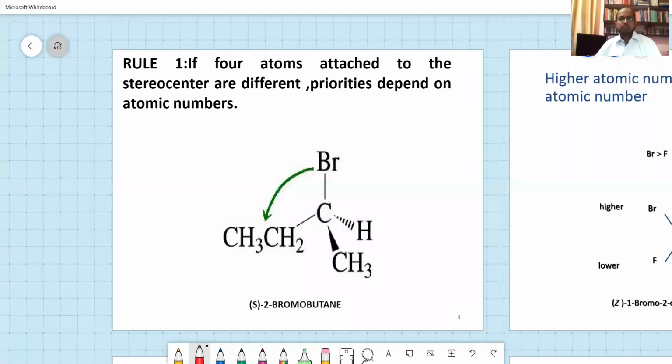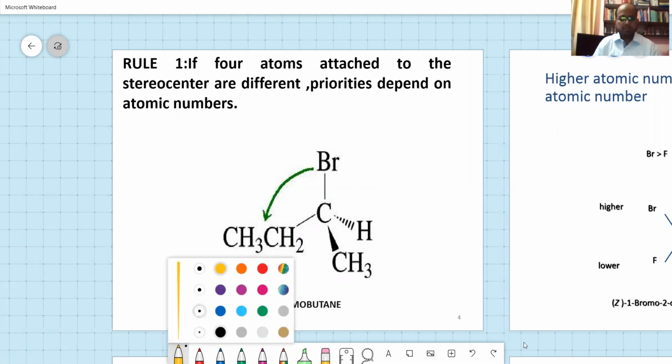So here is our first example. You can see rule 1: if the 4 atoms attached to the stereocenter are different, priorities depend on the atomic numbers.